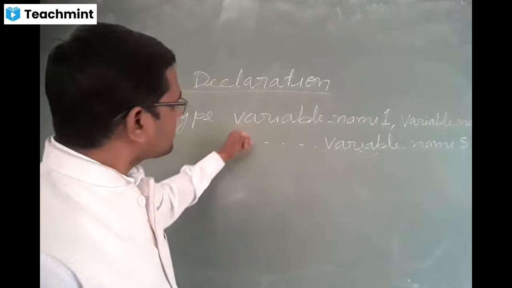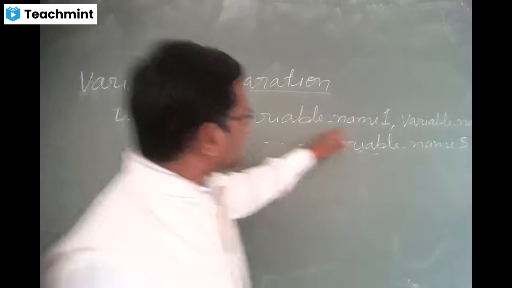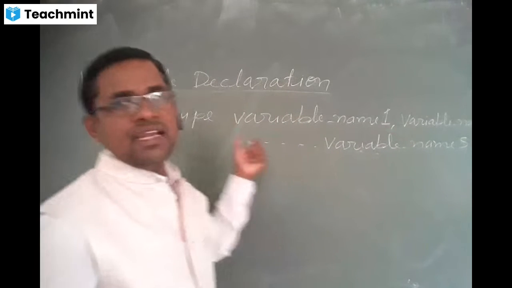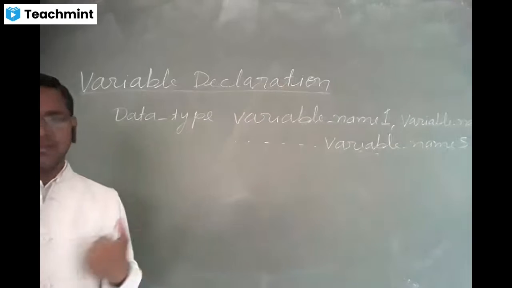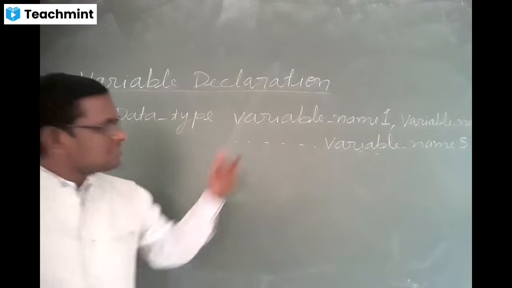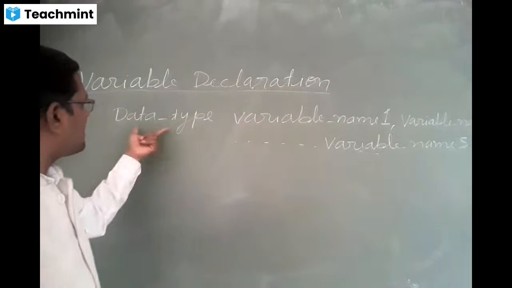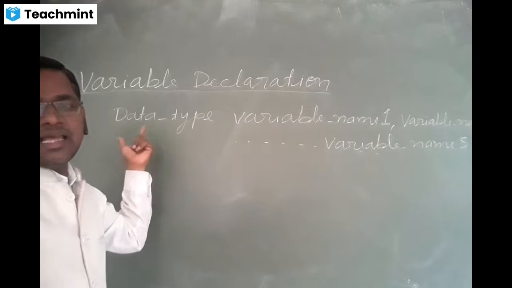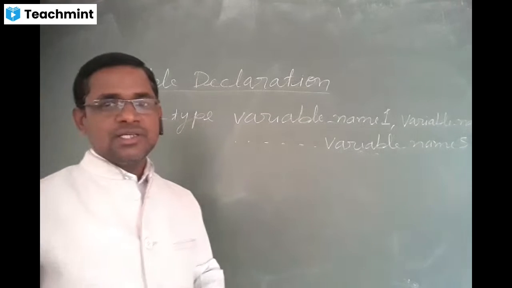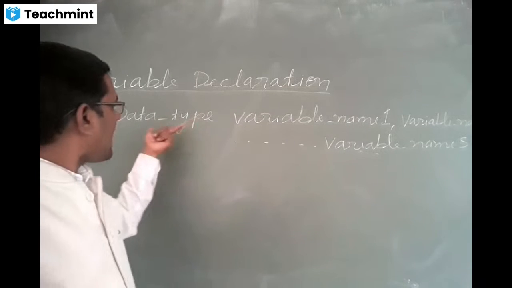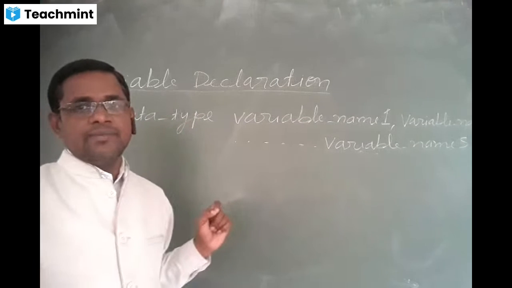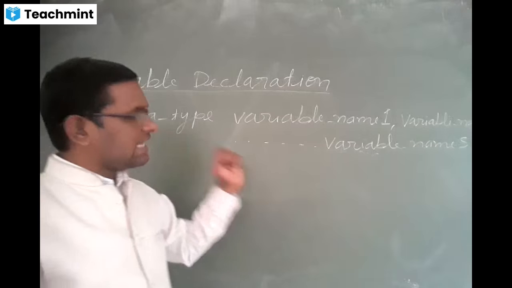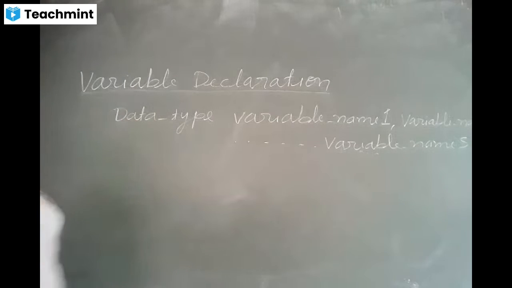It means that all these variables will be of a similar type, because the type of all these variables is represented by a single data type in a single line. So by writing a data type, we can declare the variables in the program.